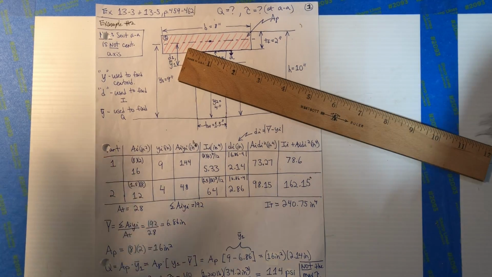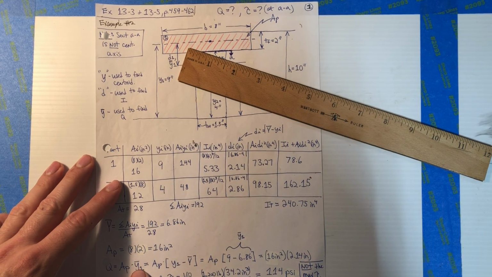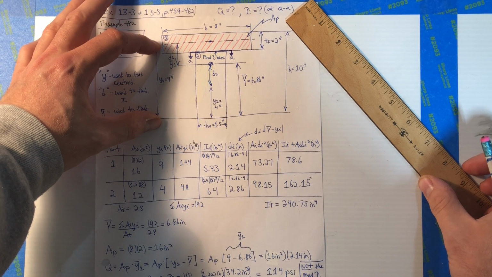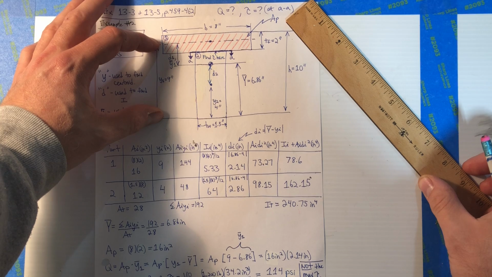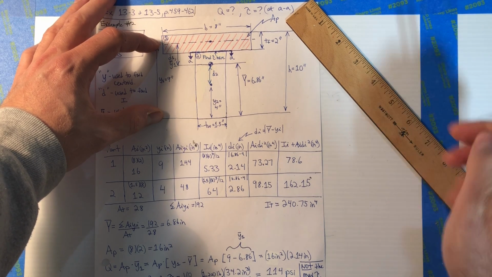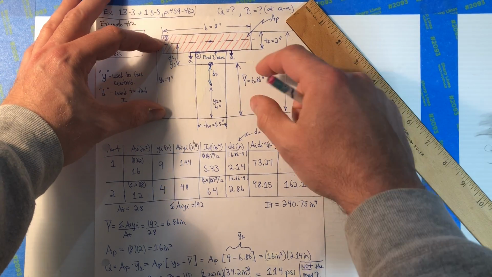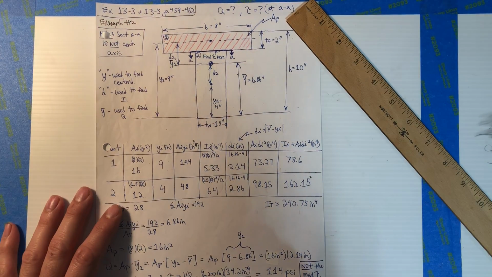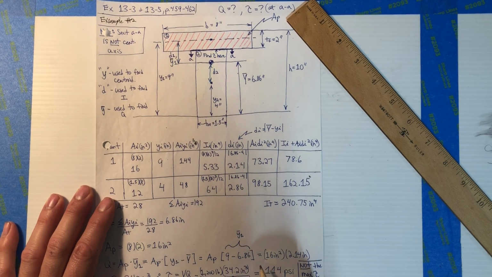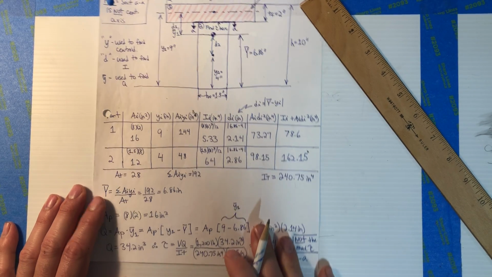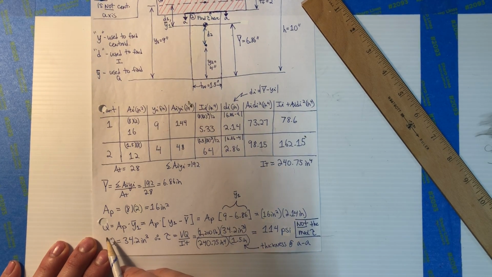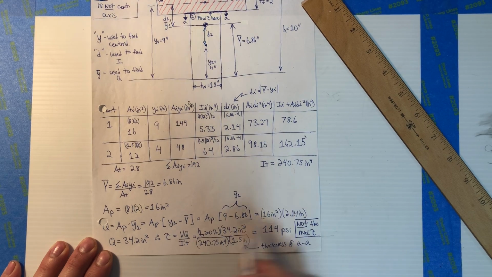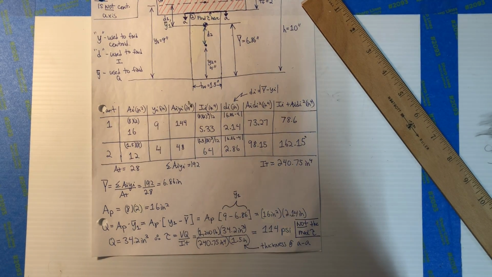Y bar is going to be equal to this 9 minus this. So this piece minus this piece gives me that piece. Anyway, you could just figure out the math. It turns out to be 2.14 inches. Here's where I calculate the value of Q. Q is equal to that 16 inches squared times 2.14. I get a value of 34.2 inches cubed.